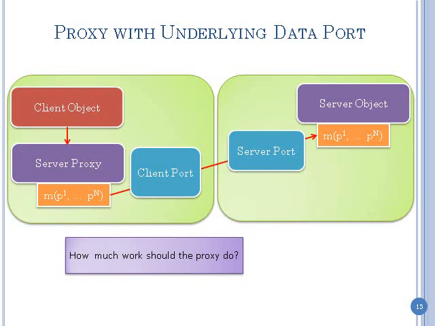It has to marshal. Should it marshal? It doesn't have to. If it's going to send something to the client port, its call has to be in the form of something that it can pass as a parameter. But this is an RPC client port, not an object client port. So the proxy makes a call on the port. What does the port need to know?